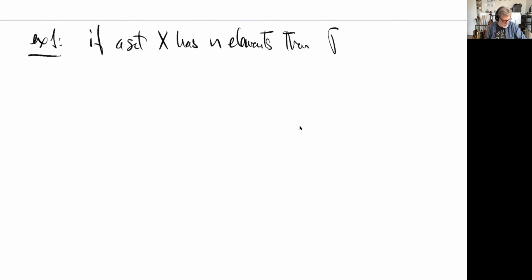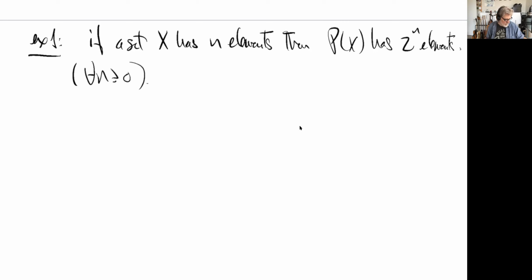So here's a first formal proof of this fact that you know: if a set X has n elements, then its power set has 2 to the n elements. Okay, and this is for any n greater or equal to 0.